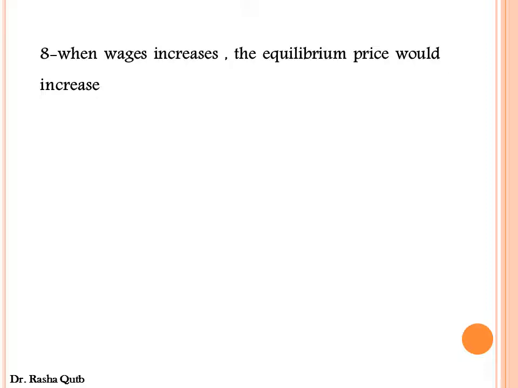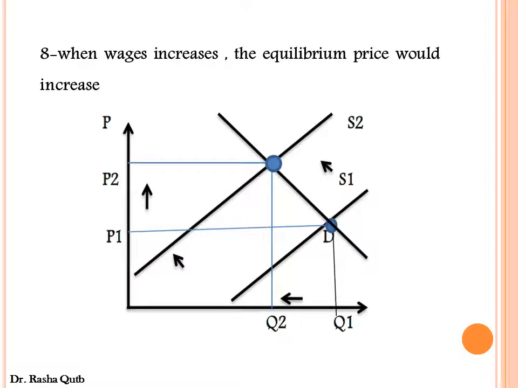Number 8. When wages increase, the equilibrium price would increase. This sentence is true. First of all, wages is considered a factor that affects the supply side of the market.